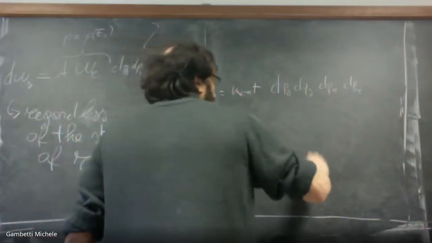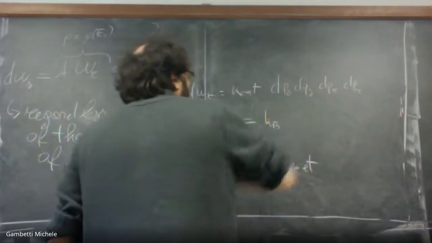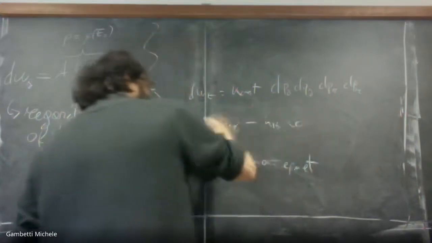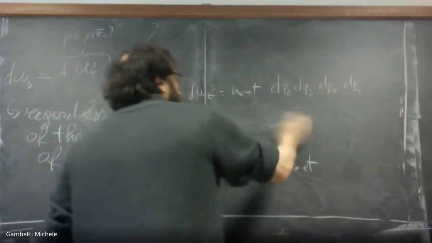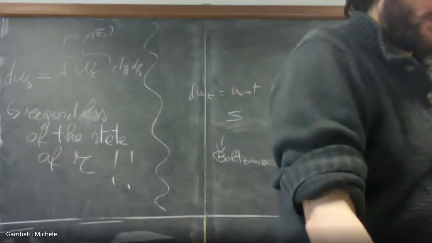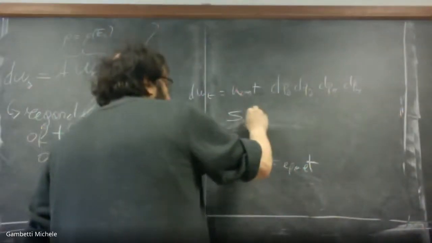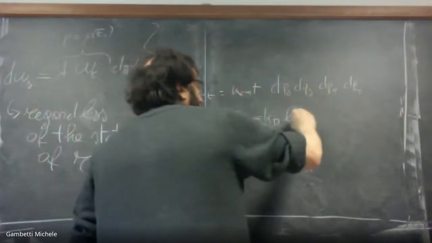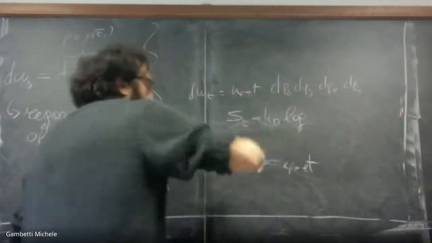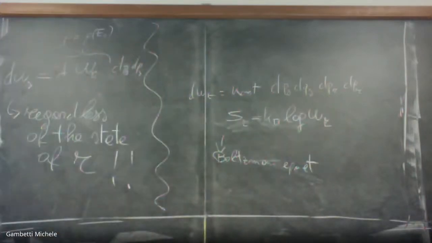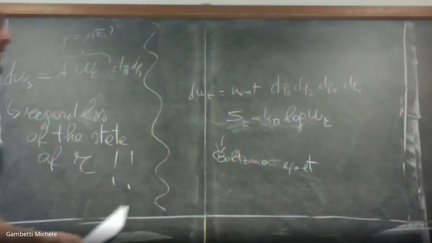equation, is kB log, sorry, is the entropy. So omega R, of course, is related to the entropy of the reservoir by the Boltzmann equation, again up to normalization.